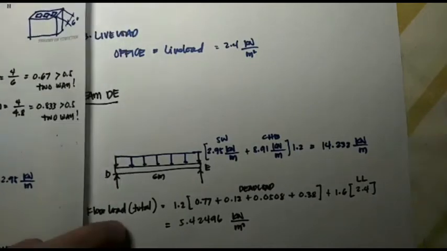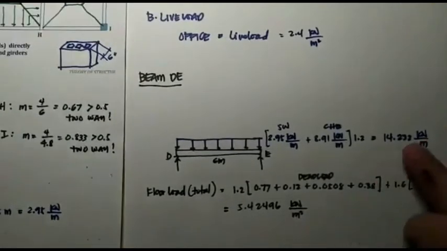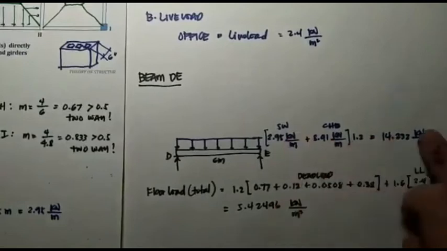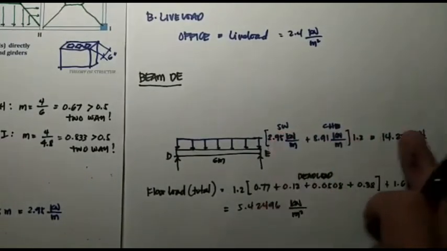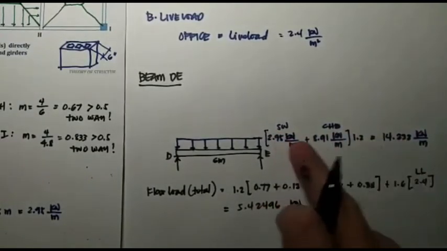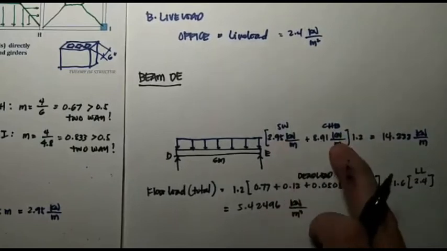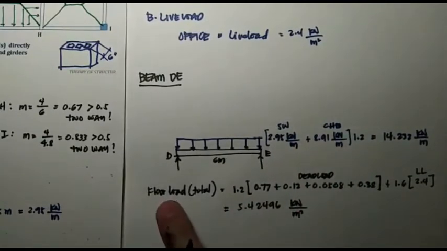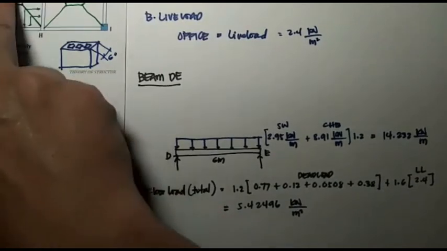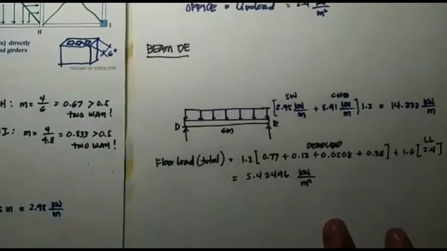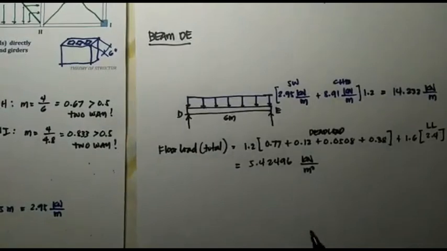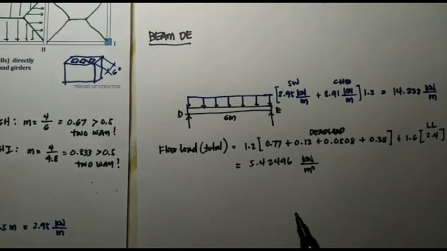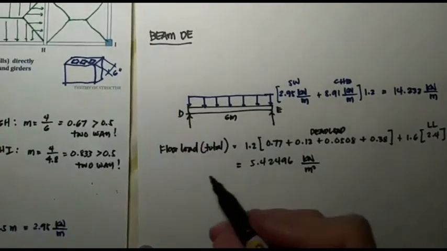So pinaghiwalay ko silang dalawa kasi ito directly naka-apply sa beam. Nakapatong siya directly sa beam, yung self-weight at saka yung CHB. Ito hiniwalay ko kasi ito yung mga load na floor load, nakapatong sa area, tributary area. So now, i-compute natin muna yung una.